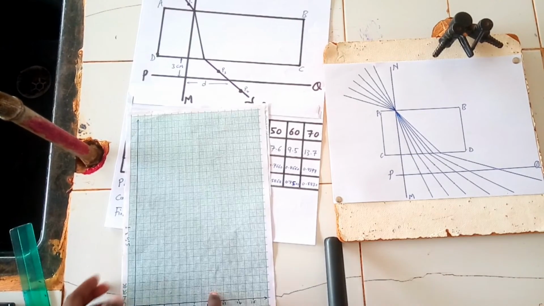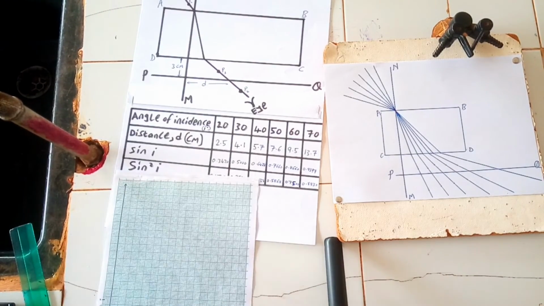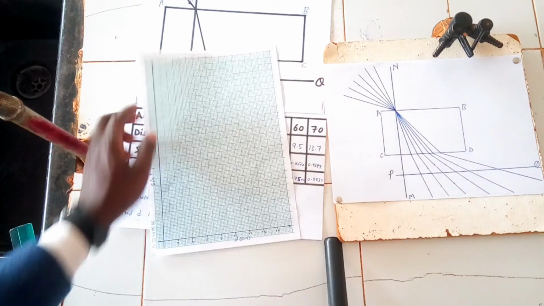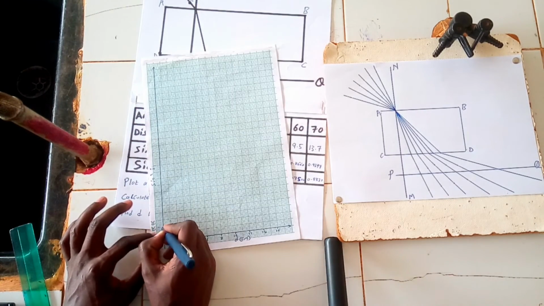So we now look at the sine squared axis. The largest value is 0.9. So that means 2 squares, 0.1.